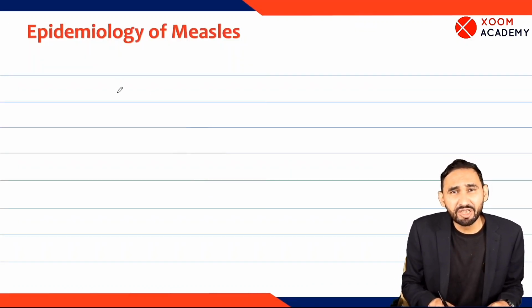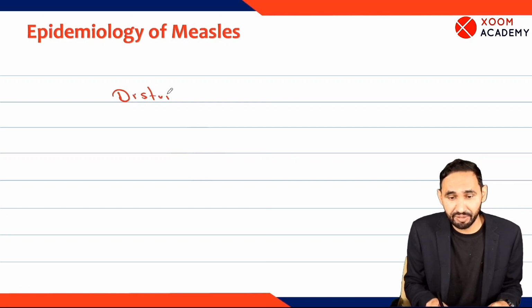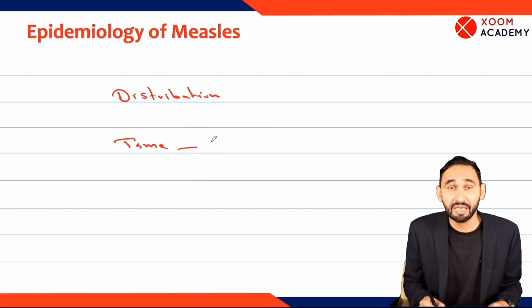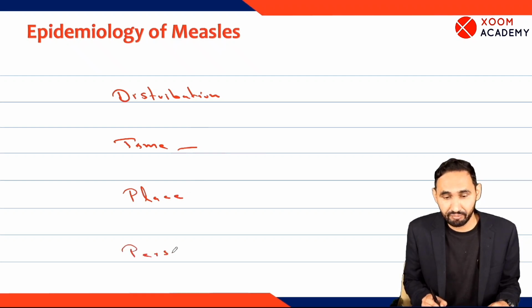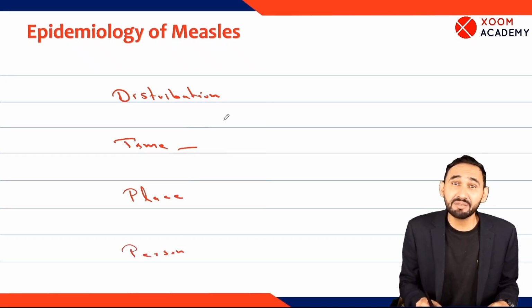What is the epidemiology of measles? What is the distribution of measles? If we discuss distribution, we'll discuss distribution according to time, place, and person. At which time is it more common? At which place is it more common? Who is getting the disease? It is predominant in the winter season.